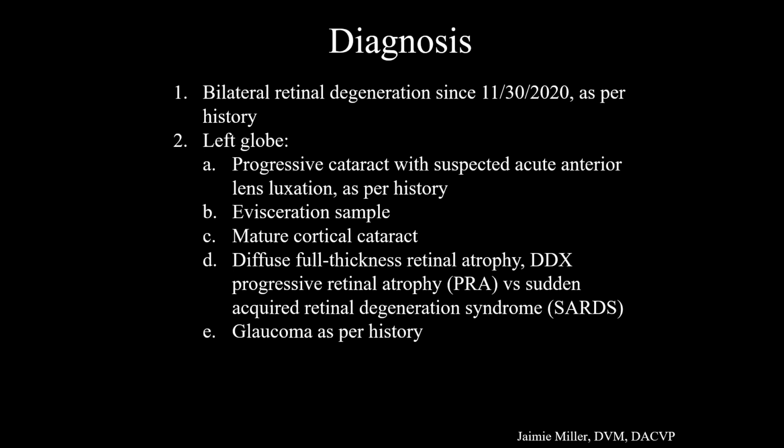So, as I mentioned, the cataracts can form in the later stages of PRA, and that's usually thought to be an endogenous toxicity that occurs with that.